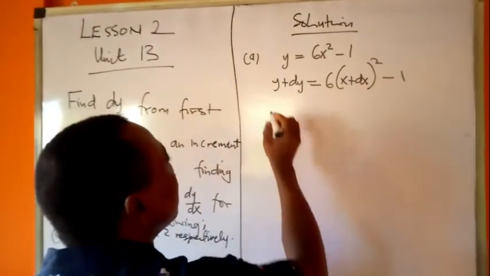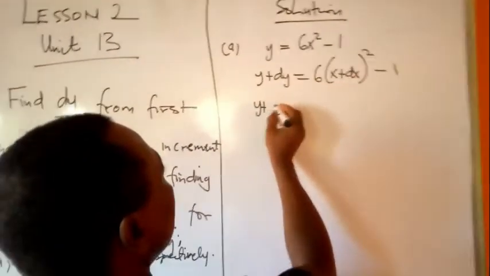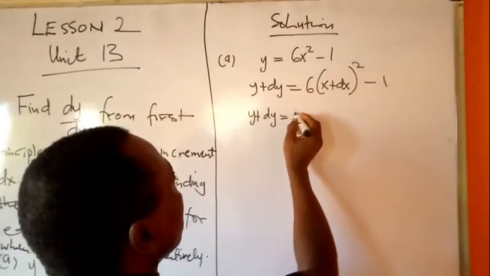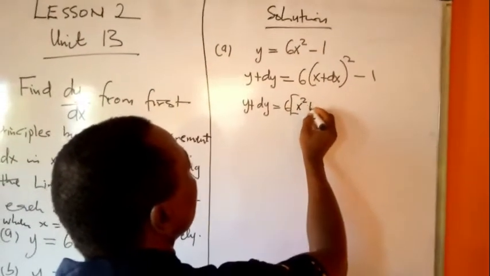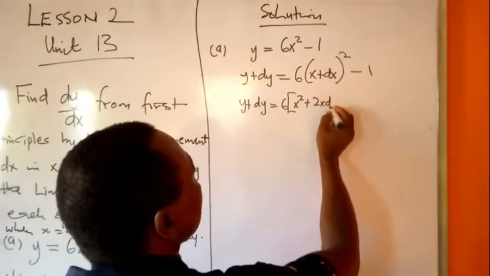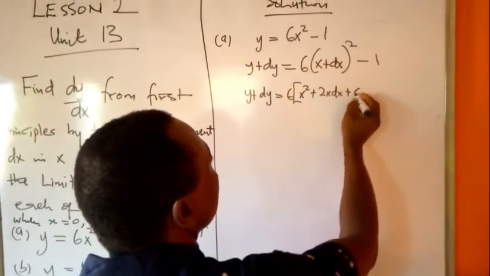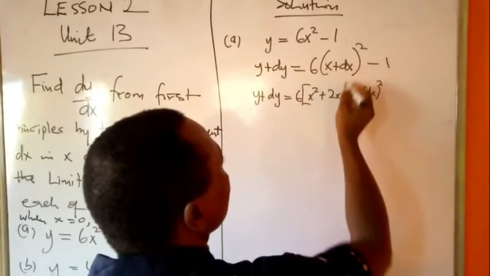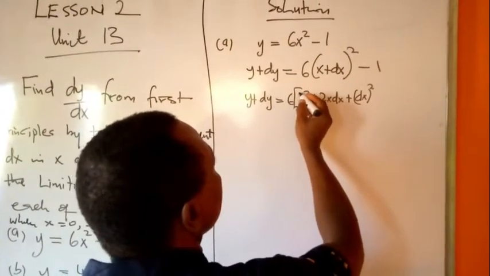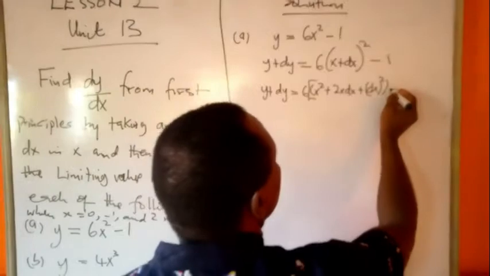So what you have becomes y plus delta y equals 6 into x squared plus 2x delta x plus delta x all squared, minus 1.